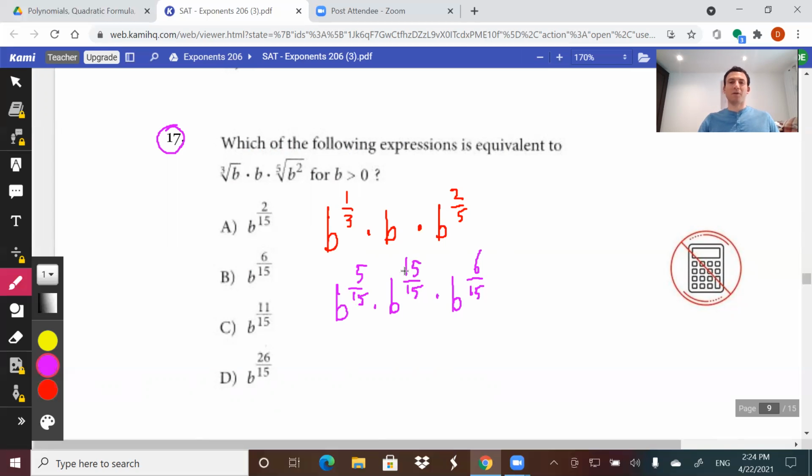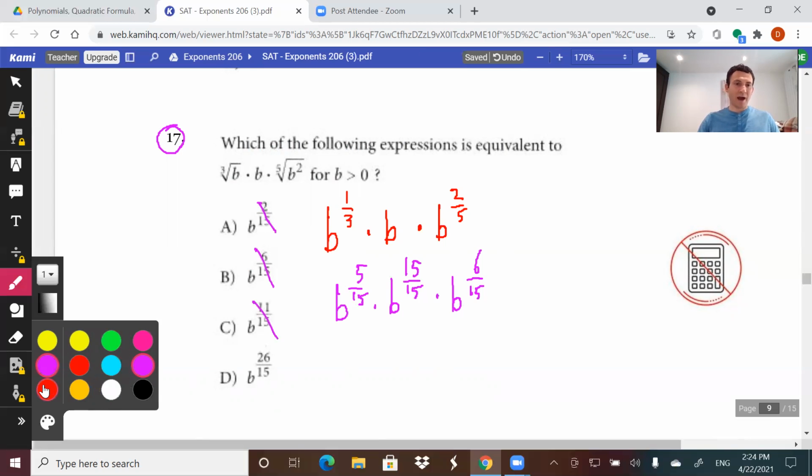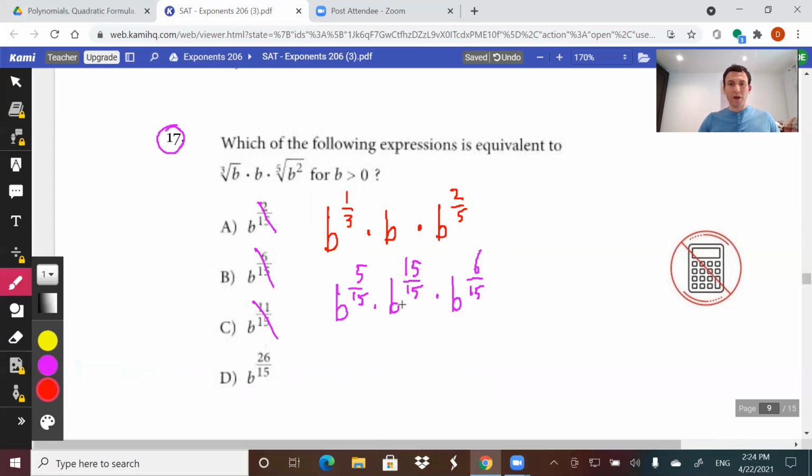Well, first things first, one of these is 15 over 15, so really the answer has to be D, just by looking at the potential answer choices. But if we add the tops, we end up with b to the 26 over 15 when we add 5, 15, and 6 together. So that one's D.